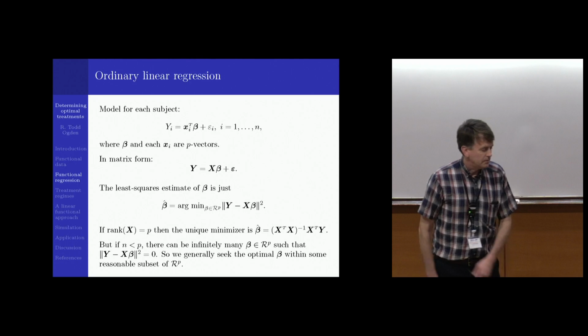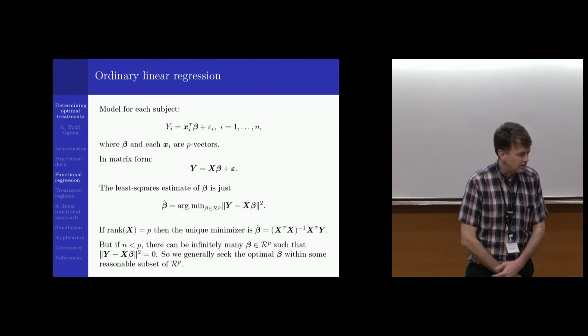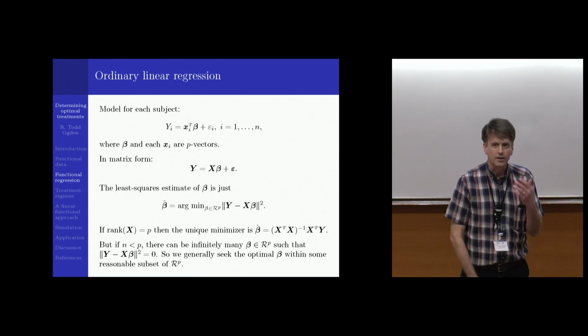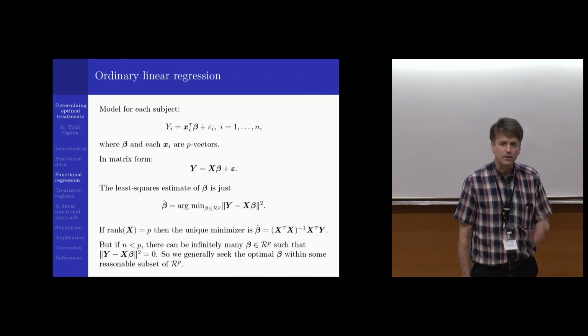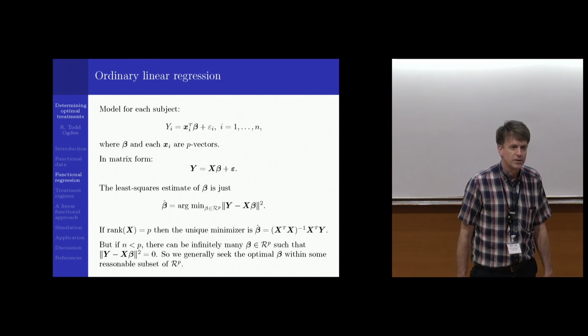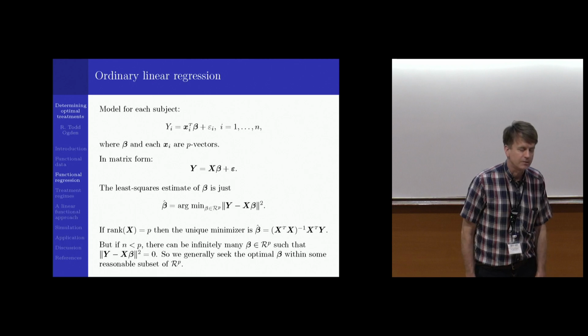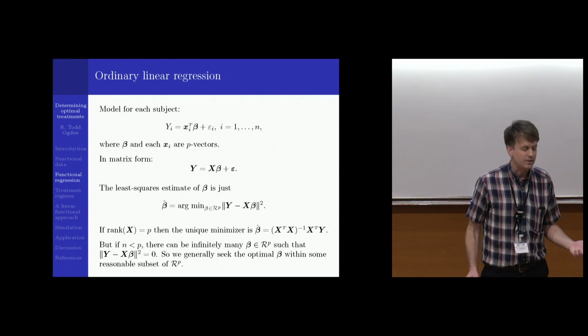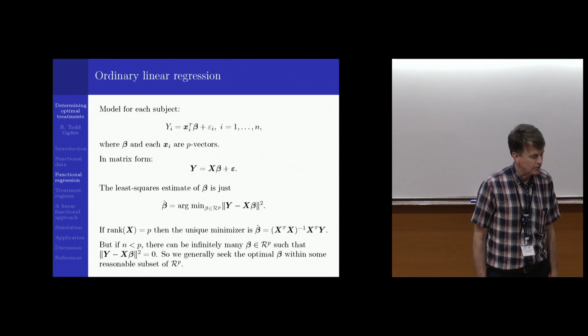Okay, so here's how you make the change from a linear model to a functional linear model. If I have my functional data in a vector, I can just put them all together in a big matrix and say, well, this looks like linear regression. I've done this 100 times. I've got a closed form expression for the parameter estimate, and off I go.